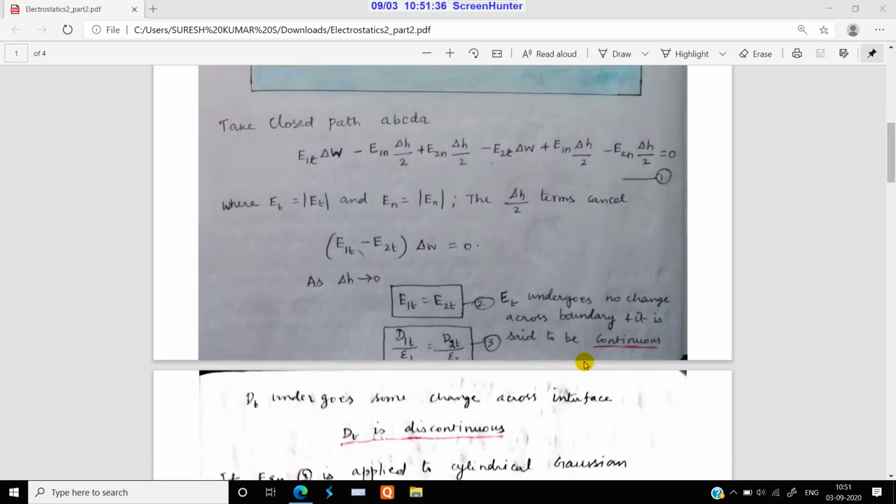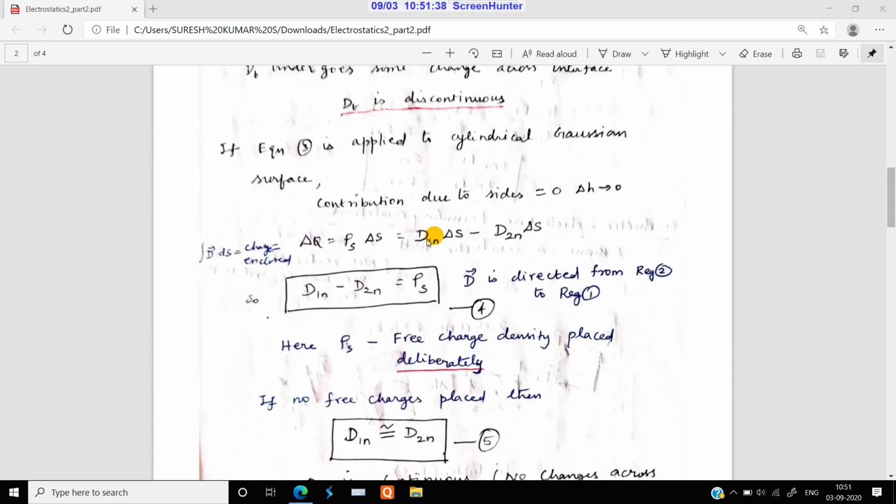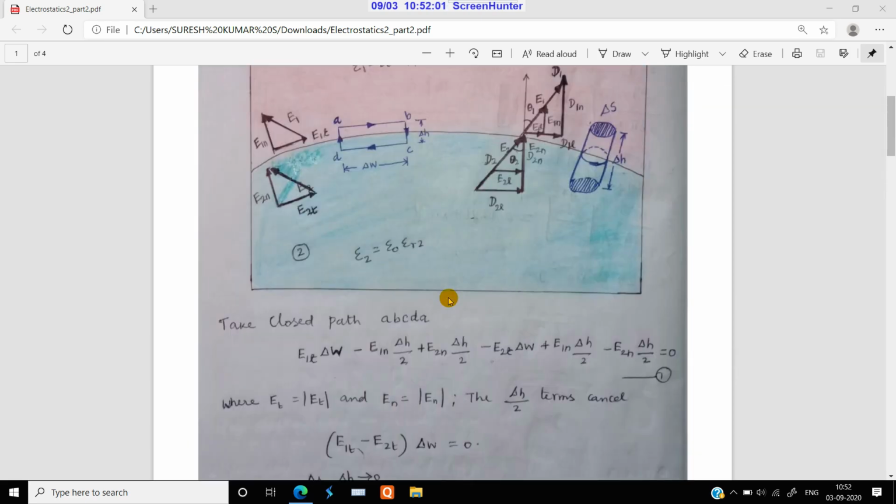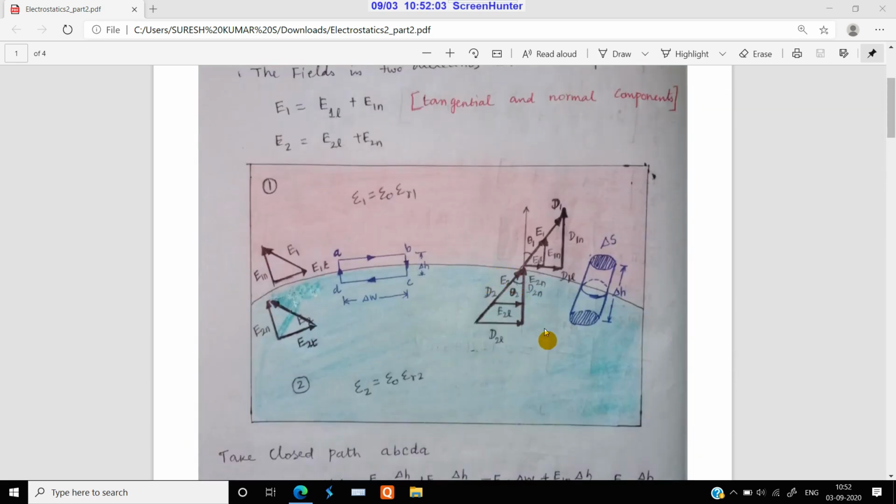So we have the equation D1n into del S minus D2n into del S, which can be quantified as D1n minus D2n is equal to rho s. D is directed along this side, because D is directed from D2 to D1.